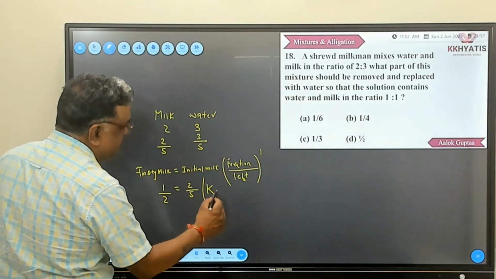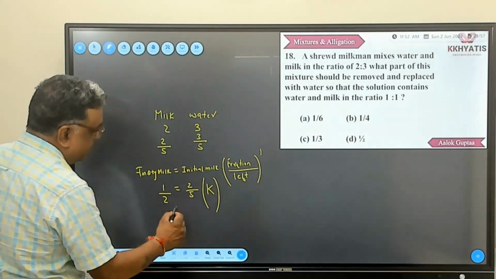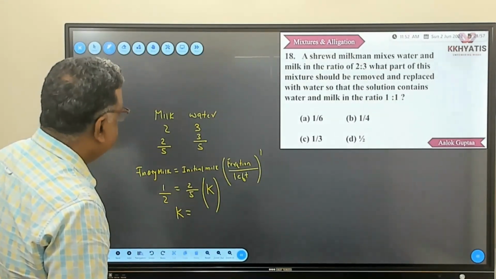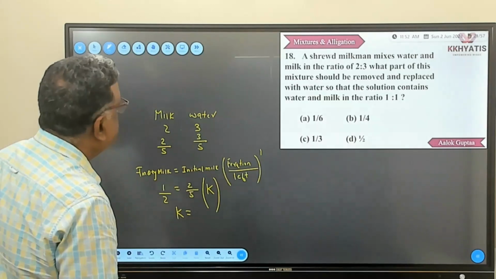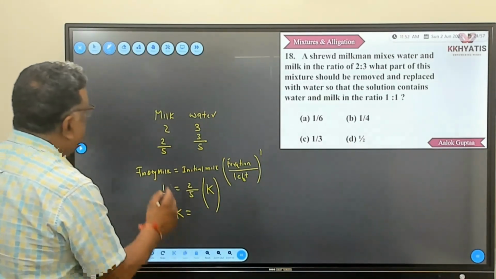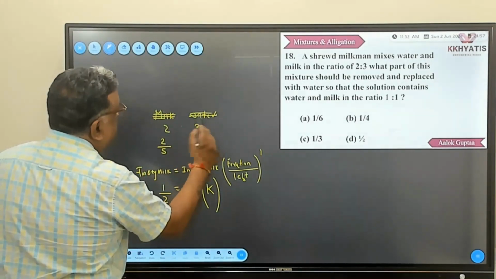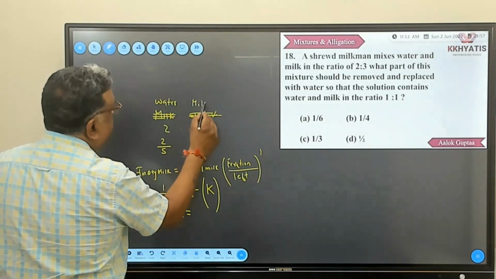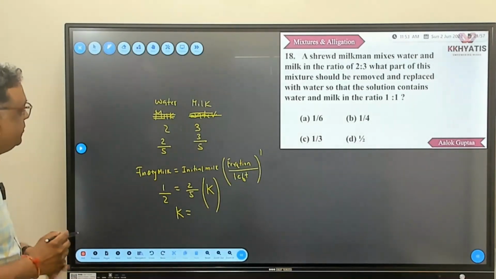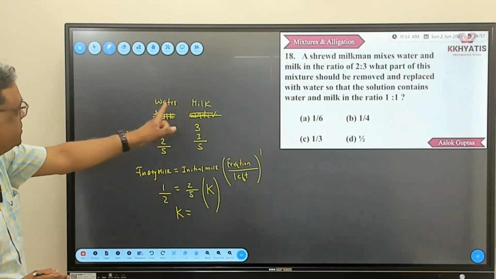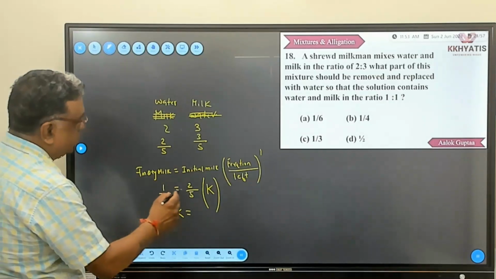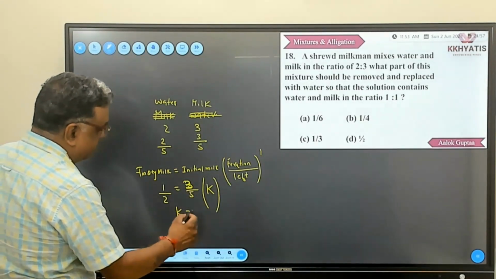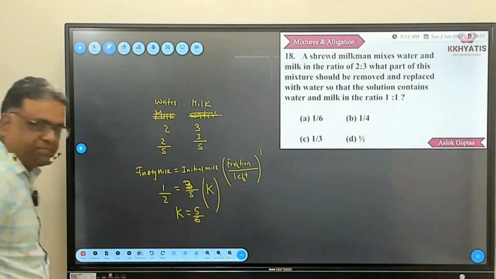Let us say I will say this as K. Okay, so this was water and this was milk, right? We wrote it as milk and water, but in the question it is given as water and milk. So this would be 3 upon 5. So K would be 5 upon 6, correct?